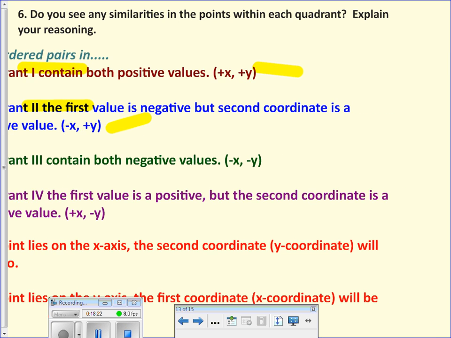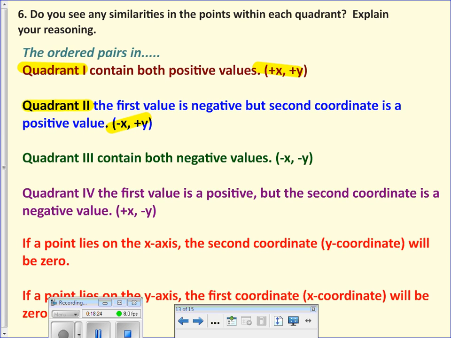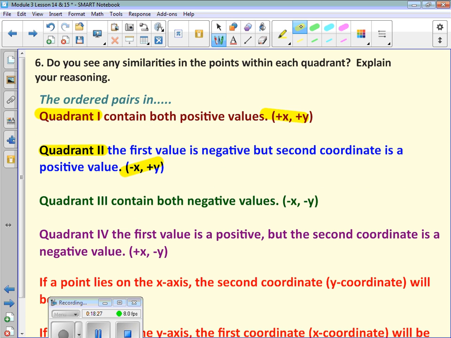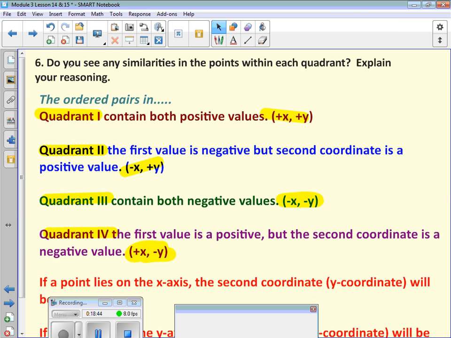So quadrant 3. This is getting ridiculous. Quadrant 3, both coordinates would be negative. And for quadrant 4, the x is positive and the y is negative.